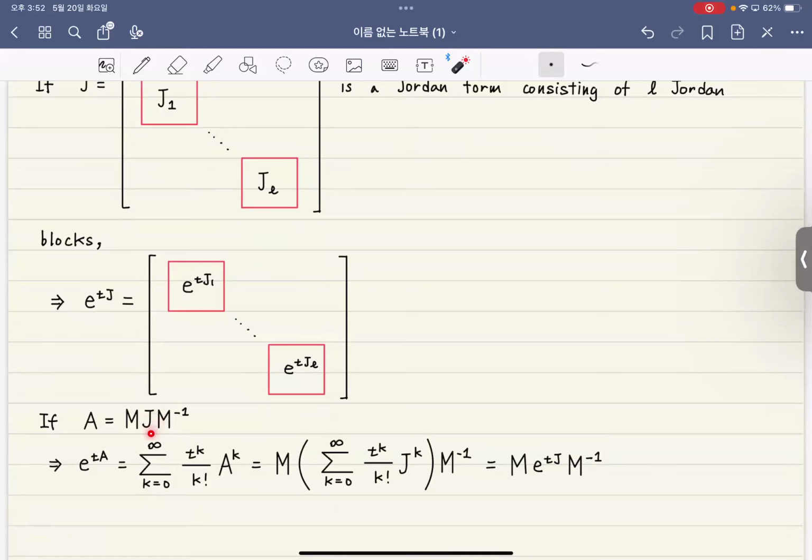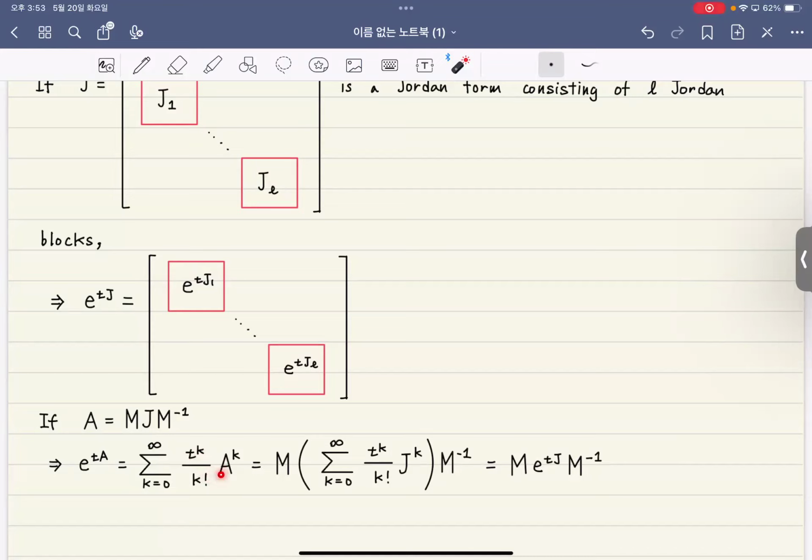if J is the Jordan form of the matrix A, then you must be able to find a Jordan basis matrix M. So A is M times J times M inverse, and the matrix exponential of this matrix A is, by definition, the summation of t to the k over k factorial times A to the k.